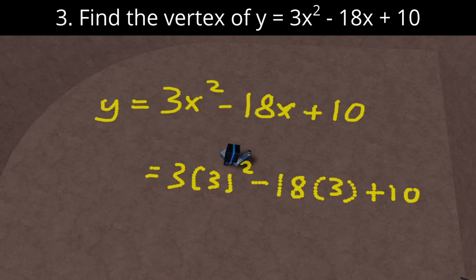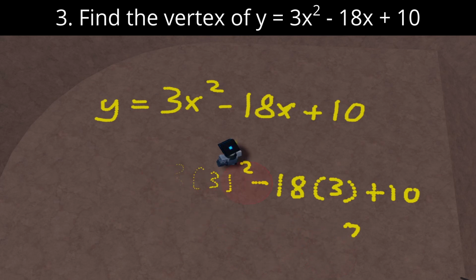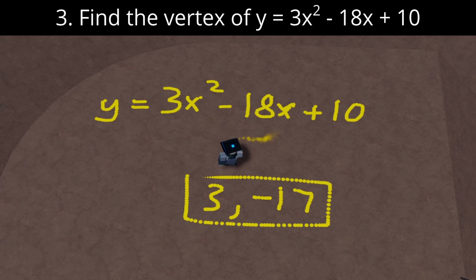If we do that, 3 times 3 times 3 is just 27, that's 3 cubed. 18 times 3 is 54, so minus 54. And then add 10. And if you do all of this, you'll get minus 17 as your answer. That is your y-coordinate. So therefore, the vertex of this equation is (3, minus 17). Let's go on to the next one.